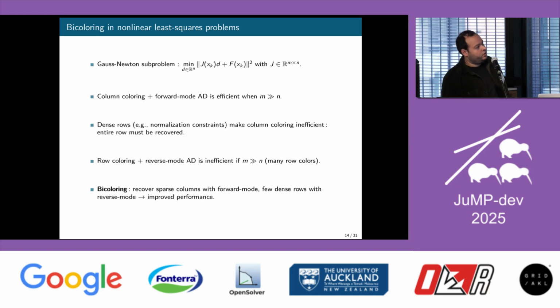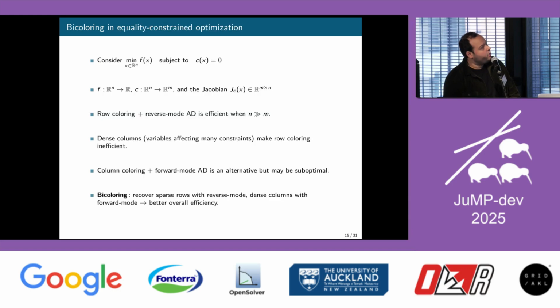And the idea is that we can isolate these few constraints, which prevent a good column coloring, compute them with reverse differentiation, and remove this subset of dense rows and columns to efficiently compress the other part of the Jacobian. This was one example where bicoloring makes sense.